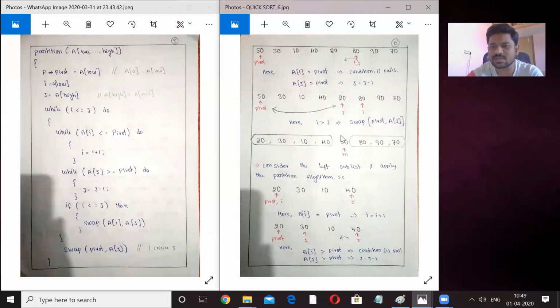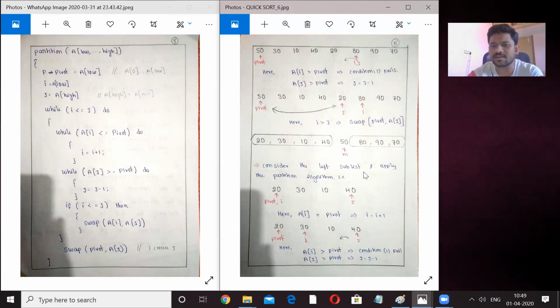So this is the pivot element. The elements on the left side of it are less than the pivot element, and the elements on the right side of it are greater than the pivot element. This is the work done by the partition algorithm.